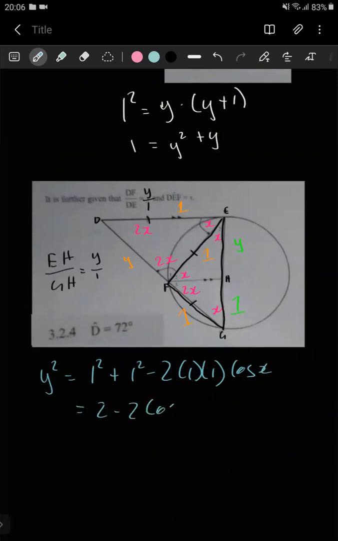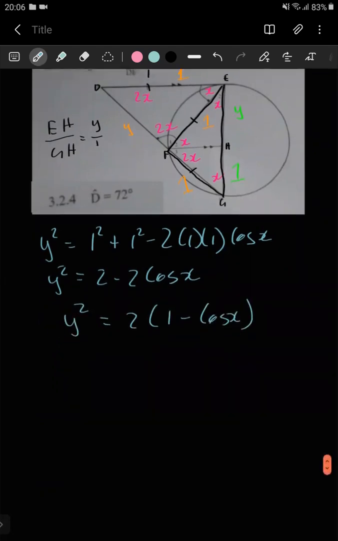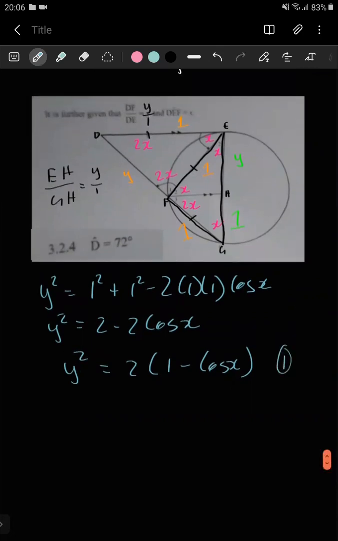This looks like it's going to be good, because here it looks like you can take out 2 as a common factor. But now what? If you square root both sides, Y is going to be okay. Let's leave this like this, and label this equation number 1.